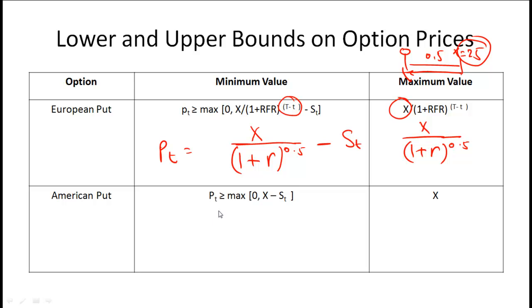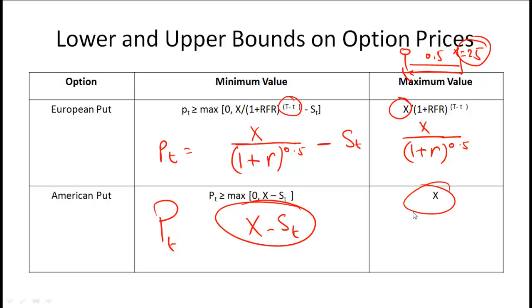With the American put, remember, we can exercise at any point. So the maximum possible value for an American put, which is denoted by a capital P, so the value of American put at time T, the minimum possible value is X minus ST. So this is also simply the intrinsic value at a given point in time, and the maximum value is X. Why?